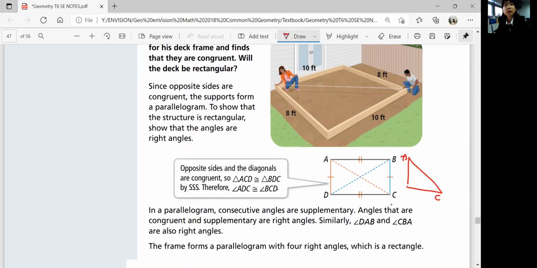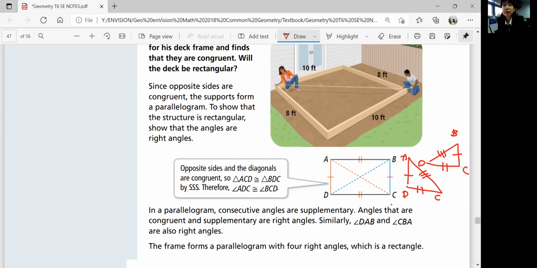We don't know it's the right angle yet, but we're talking about these two triangles by SSS. These two are congruent. DC is equal to itself, CD, and then the diagonals are congruent. They said so. By SSS, they're congruent, right?